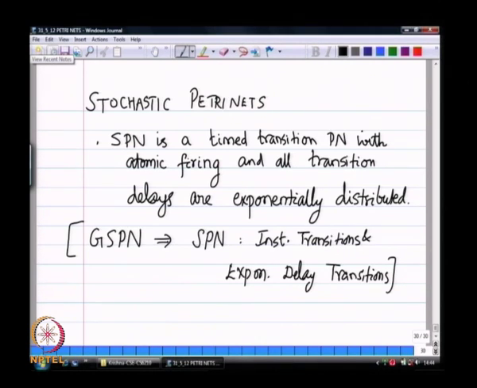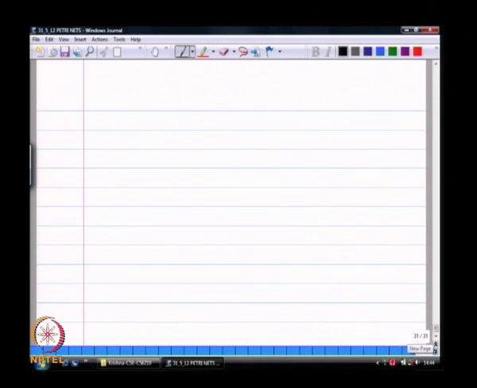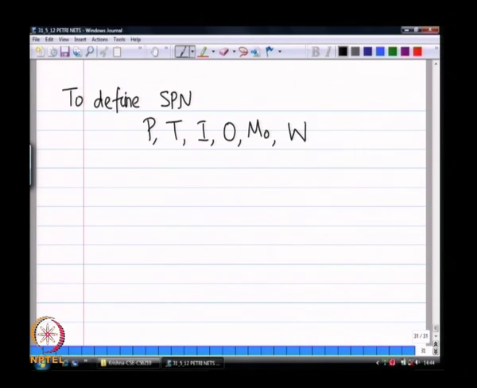Questions? Okay. So now when I define my SPN, to define the SPN, we need the same things as before: the set of places, set of transitions, your I, your O, okay, and then your M naught is also needed. In addition, you need your W. So W is a function, basically the set of all transition delays, the transition rates as we call that, okay.